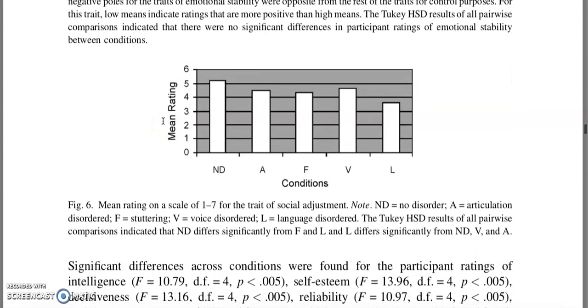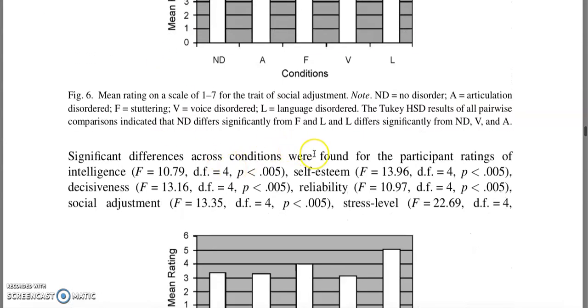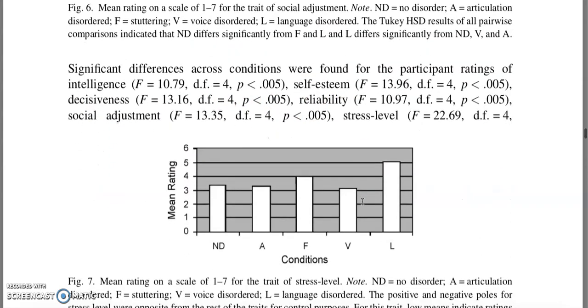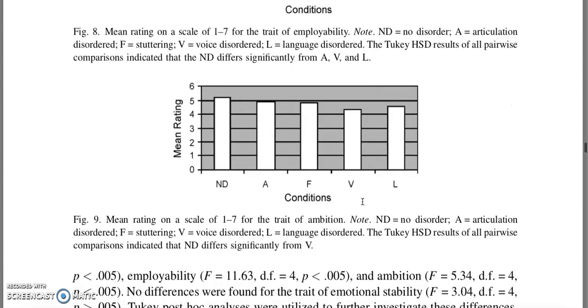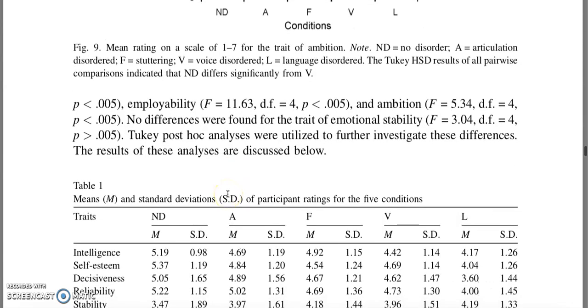And we have significant differences across conditions were found for a good number of the personality traits that they were ascribing to the different disorders. So our big findings so far are that the reviewers found the no disorder sample as more favorable, and that there are differences among them for all of the different disorders.